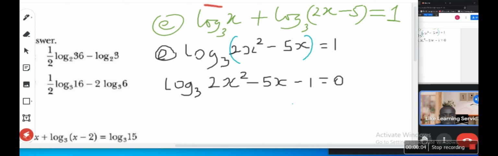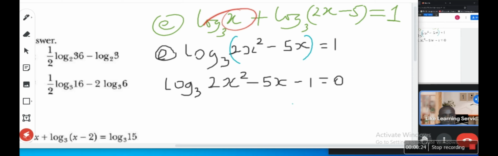So this one you're given log x in base 3 plus log 2x minus 5 in base 3 equals 1. I think you made a mistake here. I will explain it to you. First of all, what you did was you applied the multiplication rule.